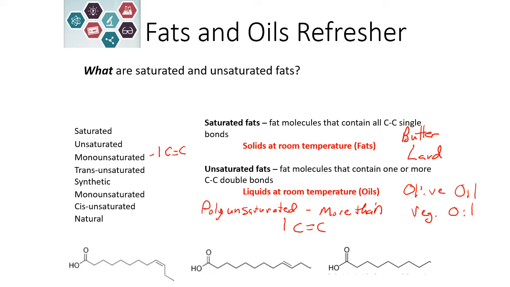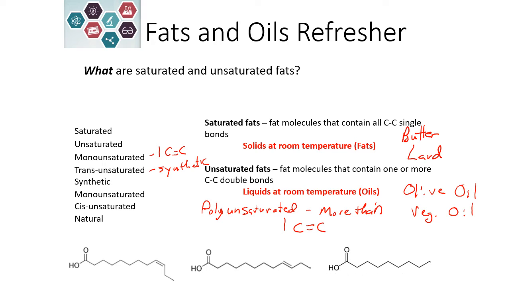We can have trans-unsaturated fats. So trans, just like we learned in chapter 8, means that it has a trans double bond. So those are actually synthetic. It happens when we try to, if you've ever heard of hydrogenated oil, so we try to manipulate the properties of different fats. And one way we can do that is by adding hydrogen in.